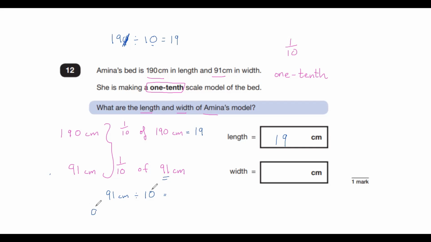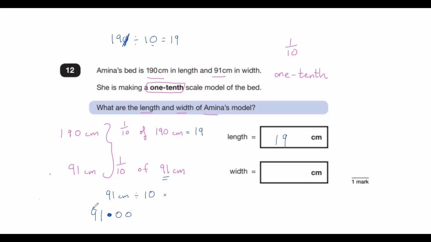Well, if we imagine the decimal point in this whole number, the decimal point would go here, and there's nothing after it, okay? So this number here, 91.0 or 91.00, is the same as 91. Now we're making it 10 times smaller, so we ask ourselves, is 91 going to get bigger or smaller?